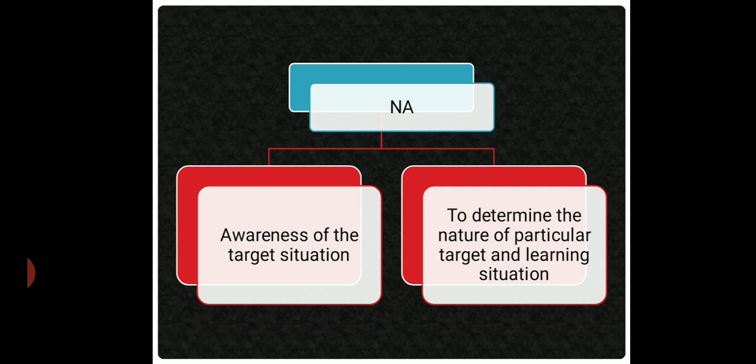It is the real situation where the learners will use the English. By doing that analysis, we can also determine the nature of the particular target and learning situation. Only by knowing the learner's needs can we know the target situation and also the learning situation which is appropriate to our learner.